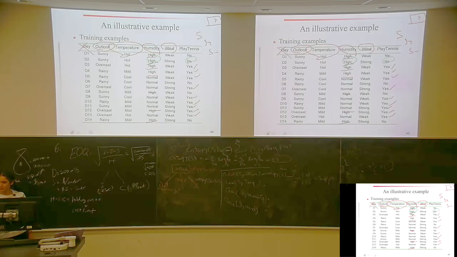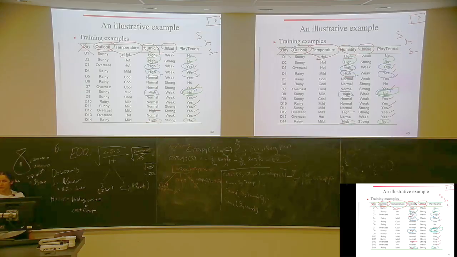And then we have, for example, humidity high here, which belongs to class yes, right? Again, humidity high belongs to class no. Sorry, this should be green. So this is class no. Okay, this is class no. And humidity high, again, class no, right?